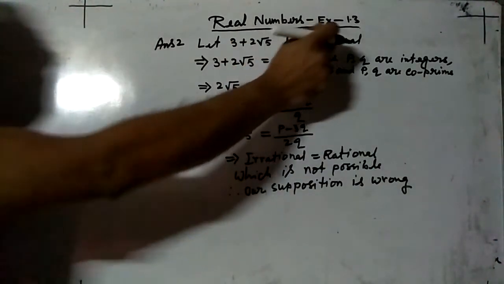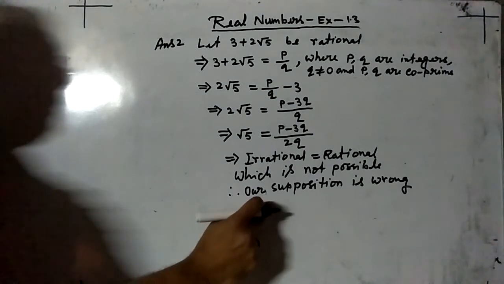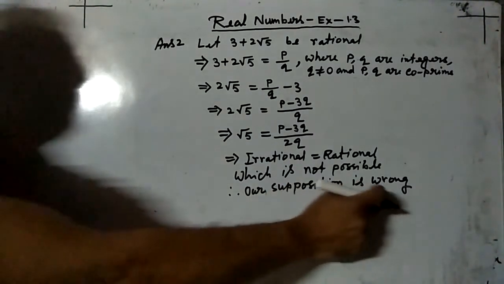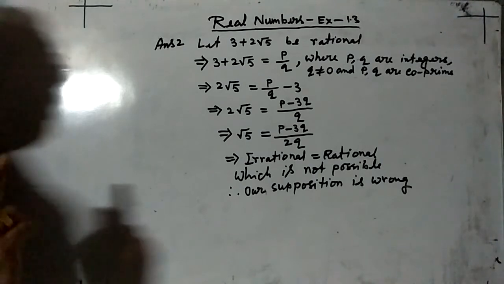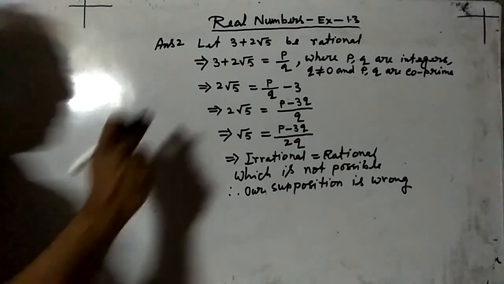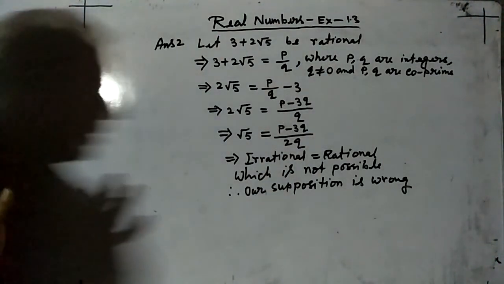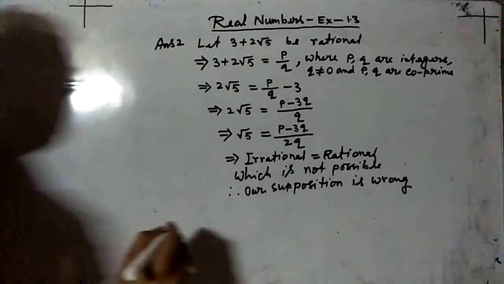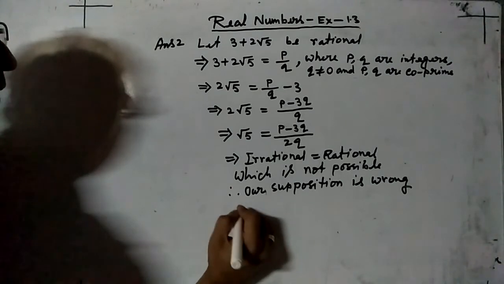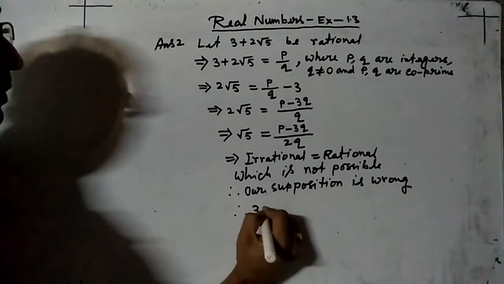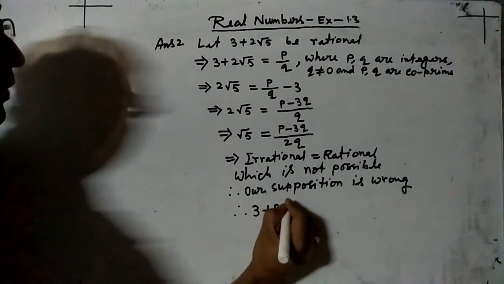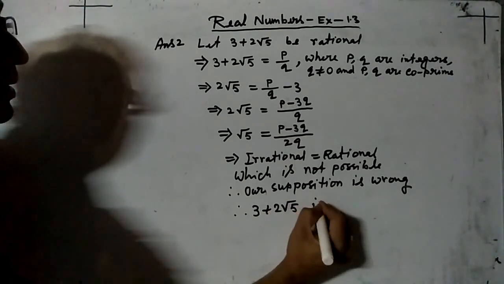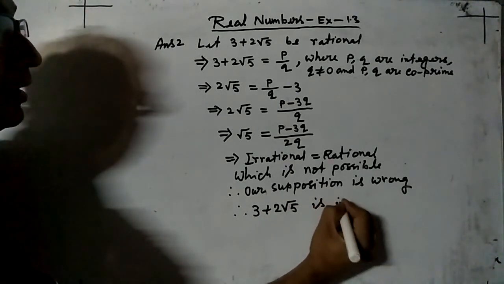We supposed here it is rational, so here we prove our supposition is wrong. If our supposition is wrong, then this is not a rational number. The opposite of a rational number is an irrational number. Therefore, 3 plus 2 root 5 is irrational.